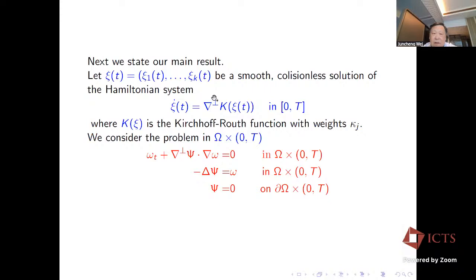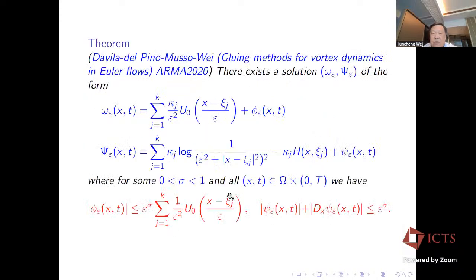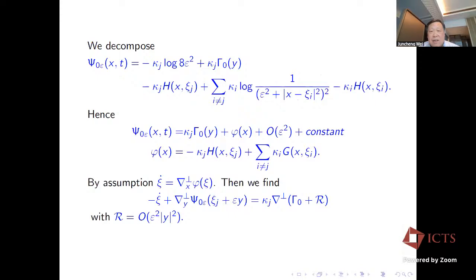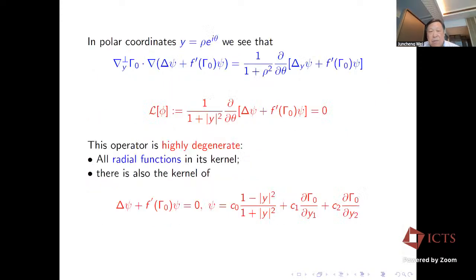So if we have a Hamiltonian system with some time trajectory from 0 to capital T, we are able to construct a solution to the Euler system which follows this trajectory, and we prove this by the inner-outer gluing, and the most important difficult part is this operator which has too many kernels. Okay, all radial functions are in the kernel.